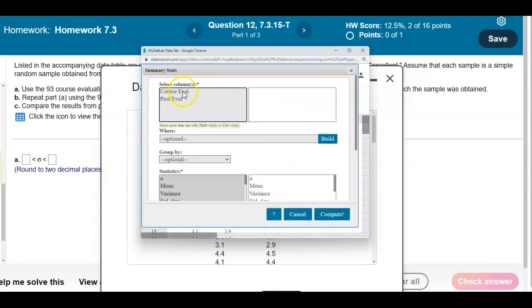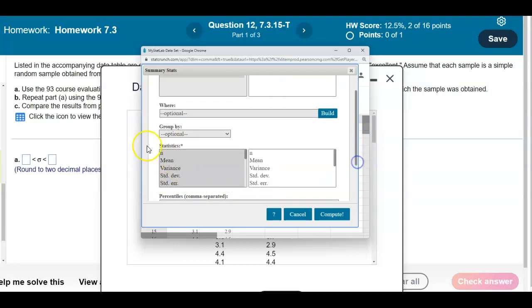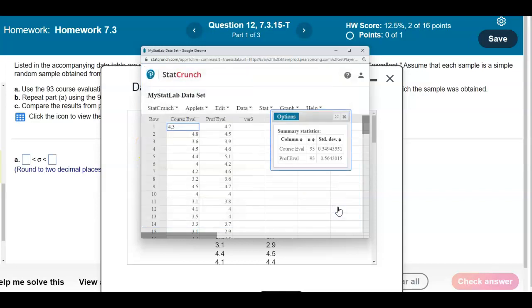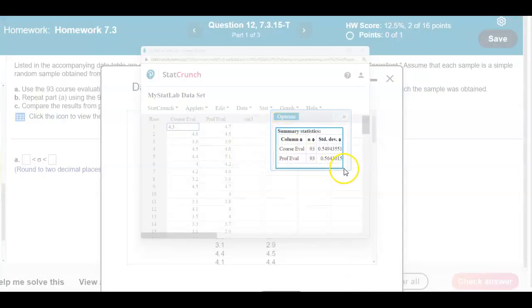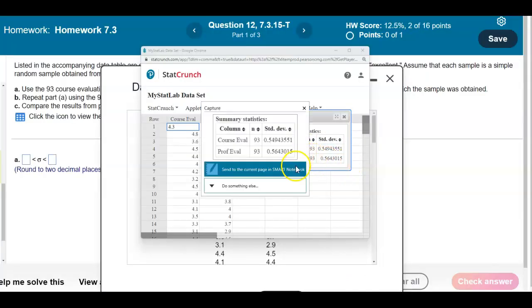We're going to find the standard deviation and the sample size for both of them. So we select N, and then the standard deviation, and then select Compute.